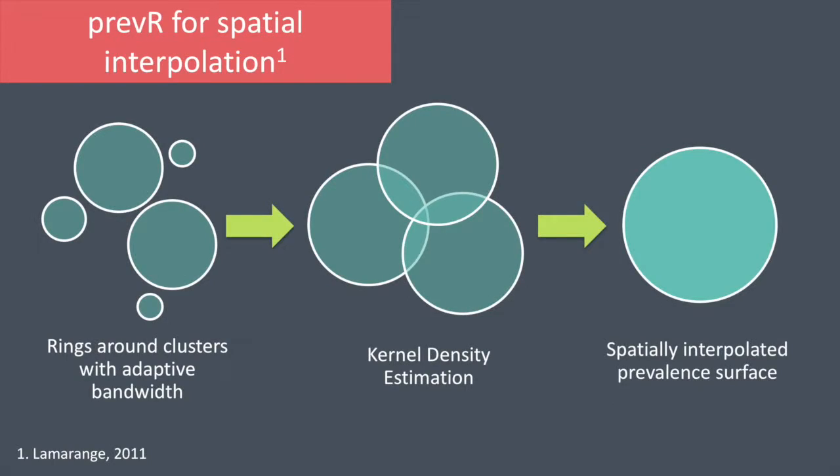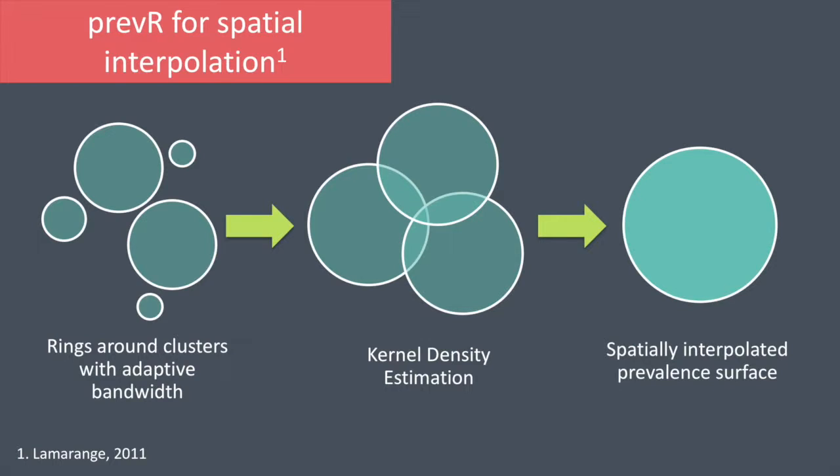To estimate the national prevalence from this data, I used a package for the R statistical program called Prever that was specifically designed for spatial interpolation of DHS data. It draws rings around each cluster, and you set the number of observations equal to an optimal number. In more populated places, the rings are going to be smaller, with a smaller radius to include that number of observations, and in more sparsely populated places, they're going to be larger.